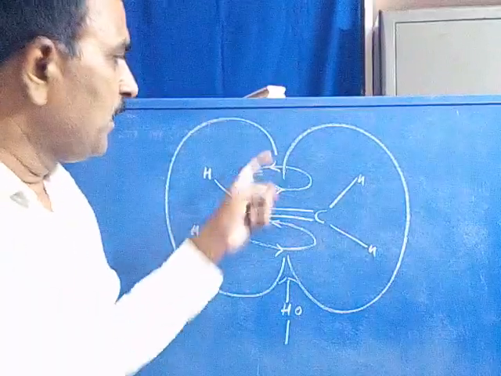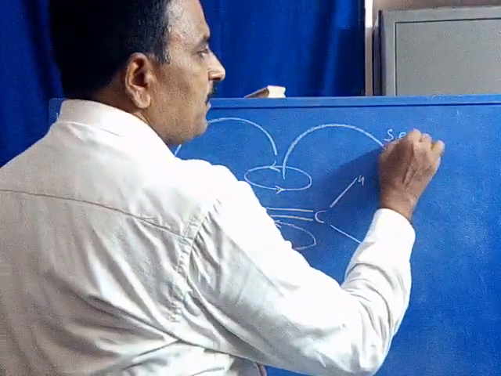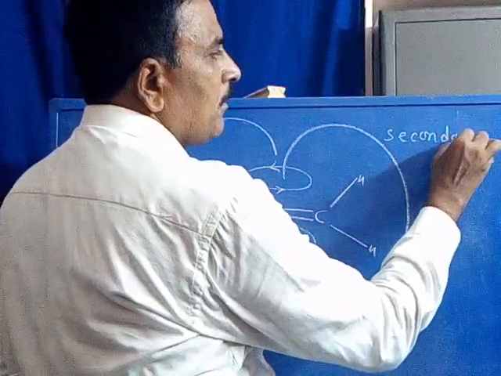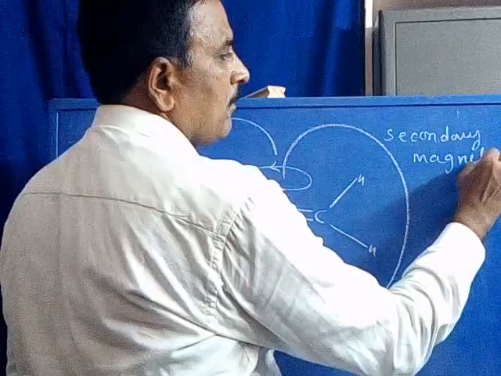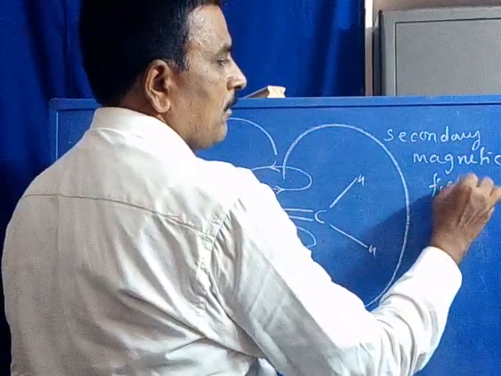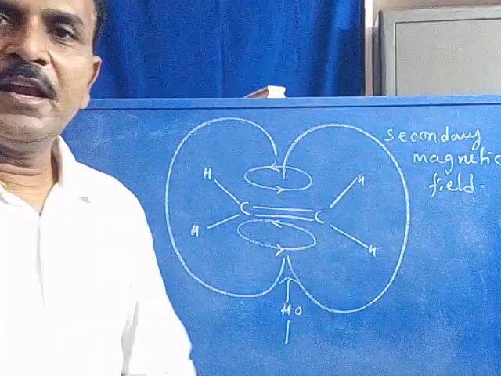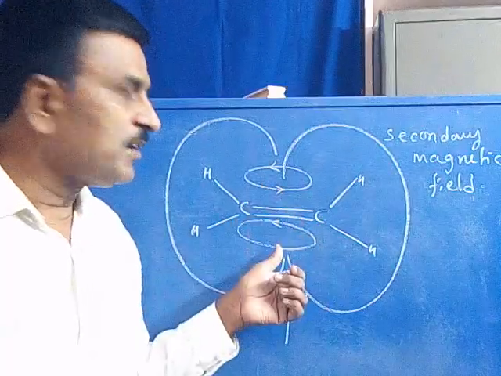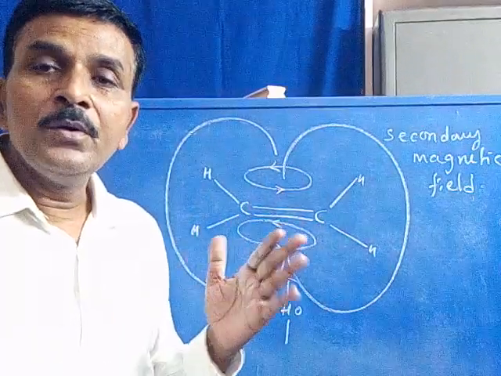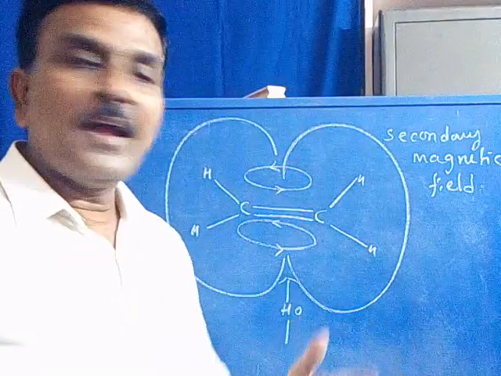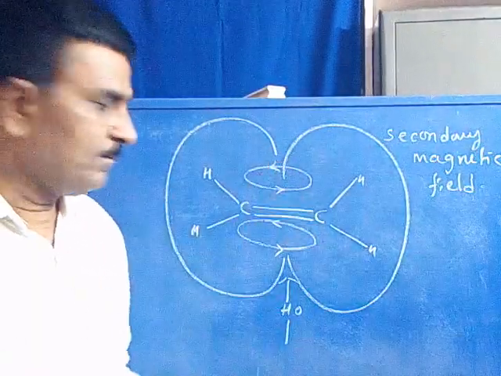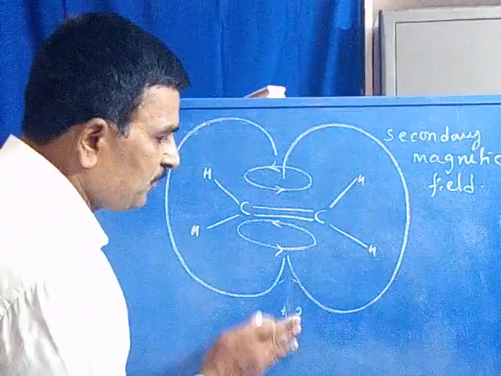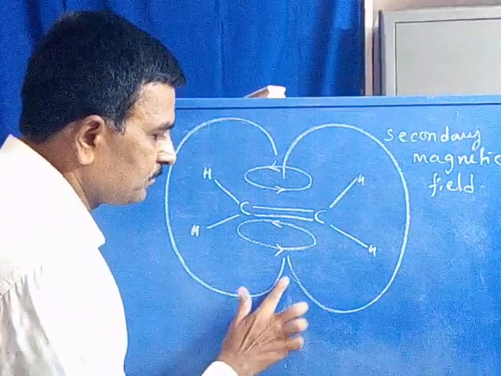This is the secondary magnetic field. So due to the circulating pi electron cloud, a certain amount of secondary magnetic field is generated in this way. Is it clear?